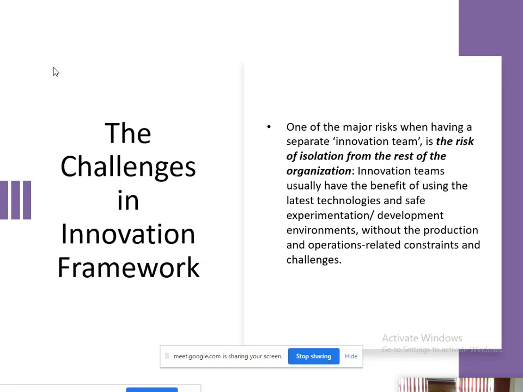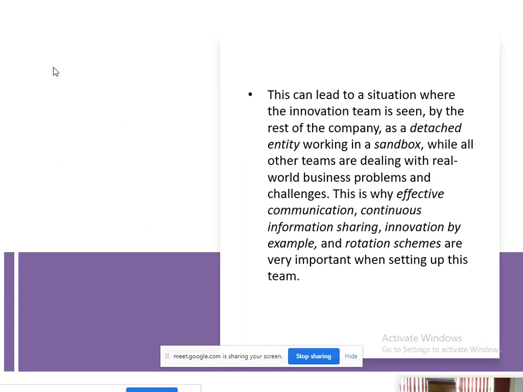These things come in the case of operations and manufacturing areas. So basically this is related to the manufacturing sector.